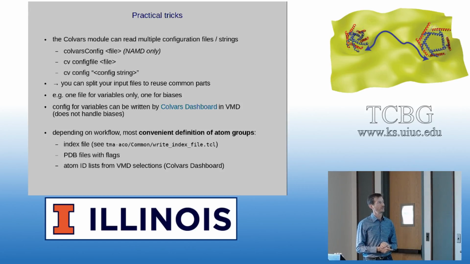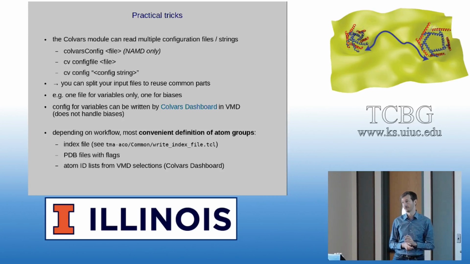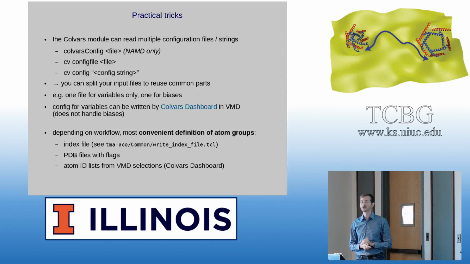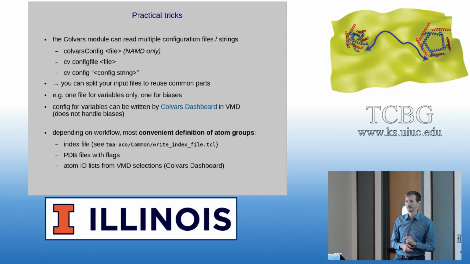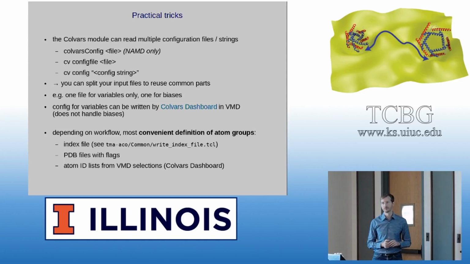And of course, a classic, but pretty effective in some cases, is to use PDB files with flags, and those flags can also be defined in VMD. VMD is probably the best tool to do that. So in any case, I would say the workflow for a Colvars simulation should use VMD. I mean, VMD is a great tool for making it. If you've already used it, it's probably your experience.